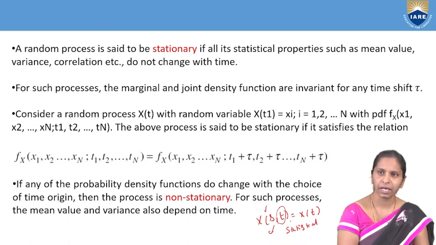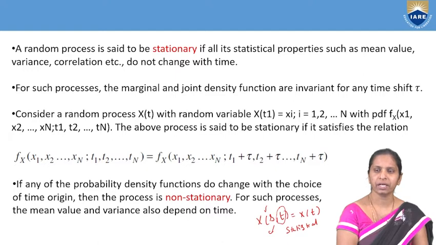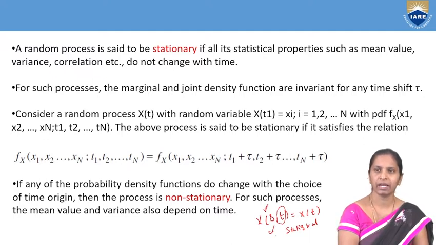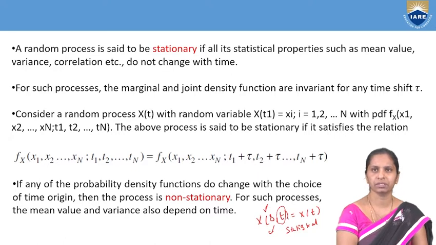With respect to the time variable, we are going to study the time characteristics like average, correlation, time autocorrelation, time cross correlation, time covariance. So, all these properties are going to be analyzed. First we will see with respect to the outcome of the experiment, like statistical properties.